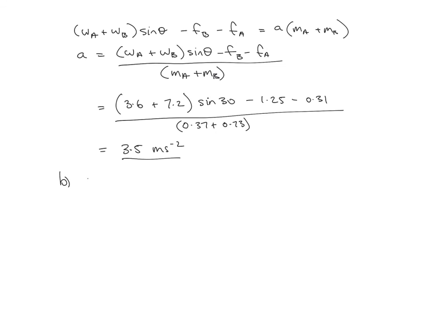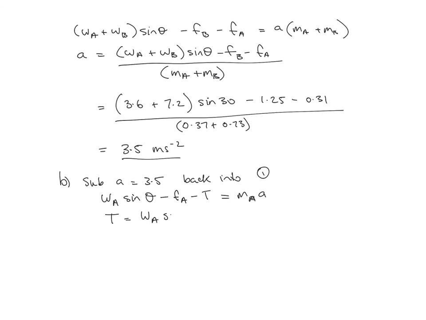So sub A equals 3.5 back into 1 and rearrange for T. Well, 1 was WA sine theta minus FA minus T equals MA A. So rearrange that for T, we're going to get T equals WA sine theta minus FA minus MA A. Okay, so we've got all those values now.